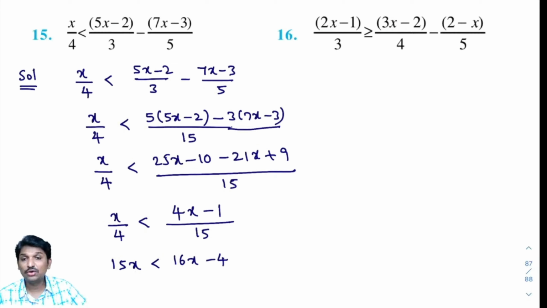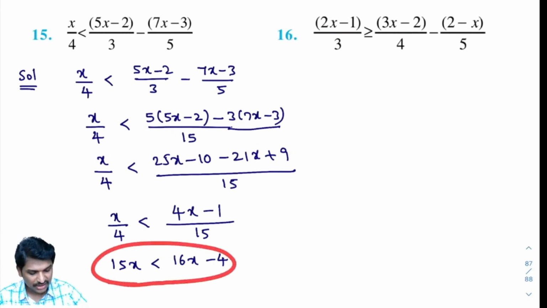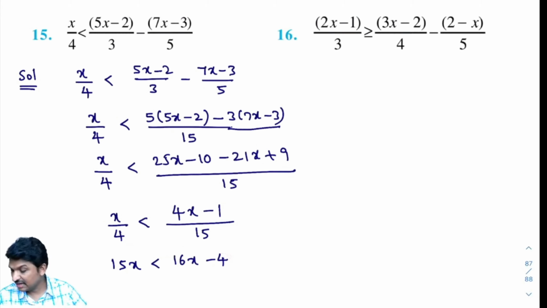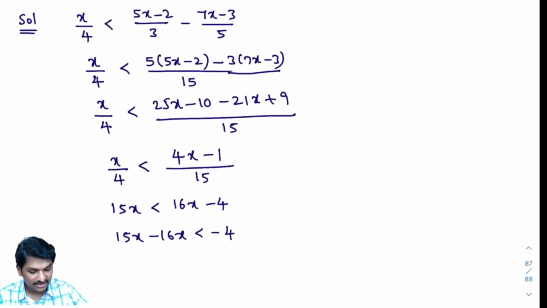You are looking for x, so you write all x values on one side. 15x minus 16x is less than minus 4. That is minus x less than minus 4.